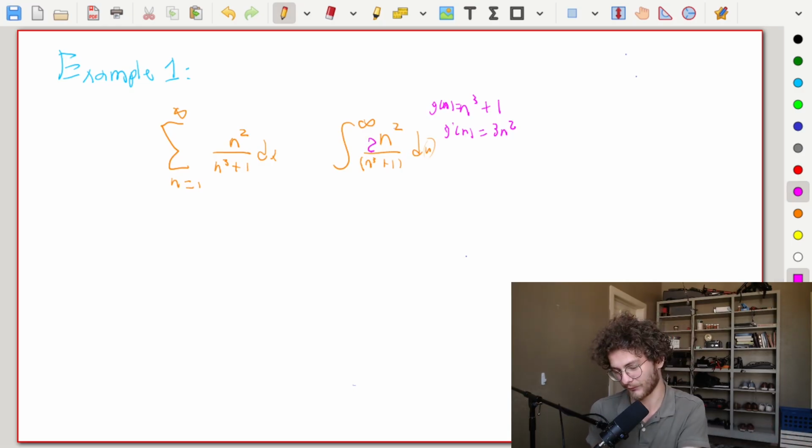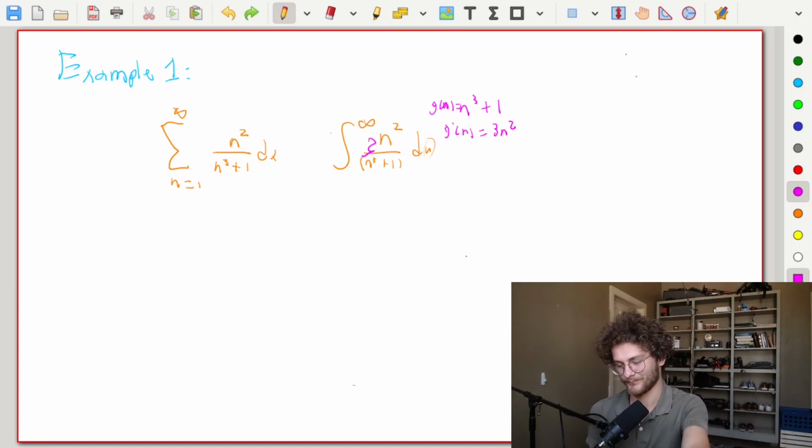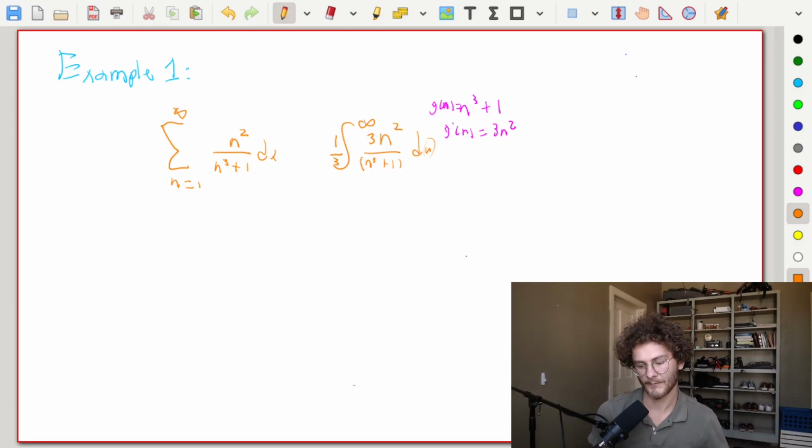If I were to stick a 3 in here, that's the worst 3 I've ever seen in my life, we can just move it outside of the integral. So what if we just did this? Let's tack that 3 on there. And what do we want to do to make it the same? We divide by 3. Now, here comes the fun part. That's kind of cheaty. It's u sub, but a little different.